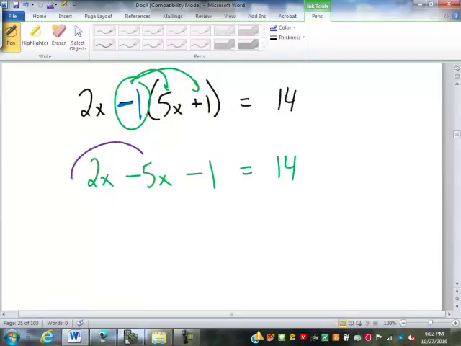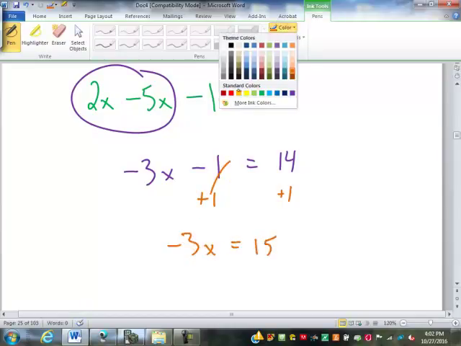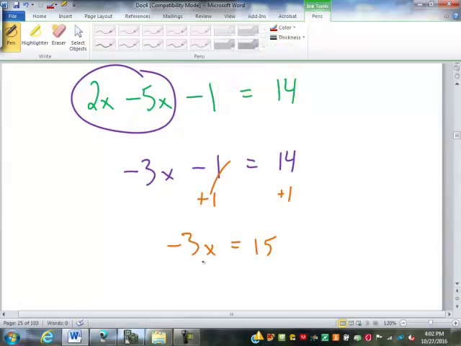We're going to combine 2x and -5x make, careful, -3x minus 1 equals 14. And then add 1. -3x equals 15. And then divide by -3. X equals 15 divided by -3, which is -5.